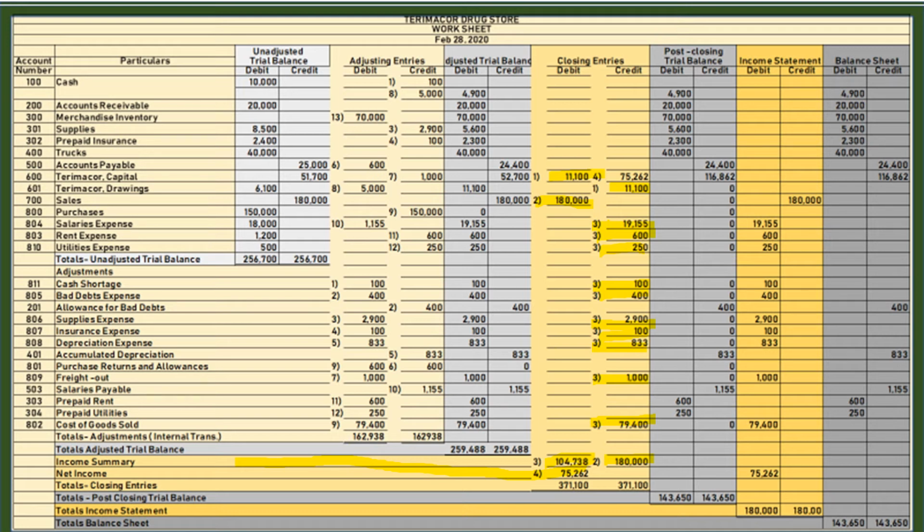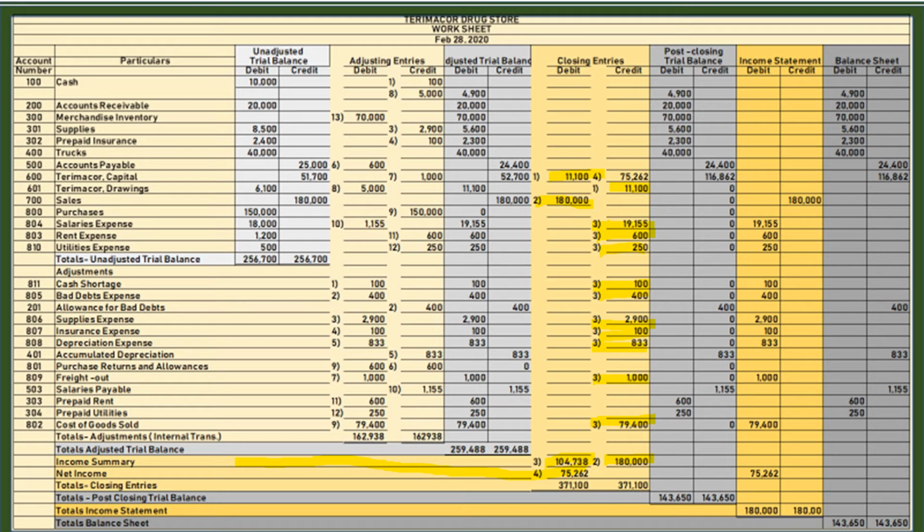So what is the heavier side in the closing entries column? The heavier side is the credit. Therefore, the income is greater than expenses. So the difference is net income.